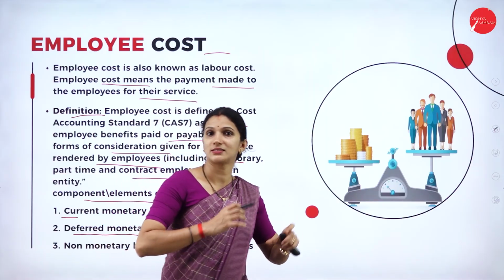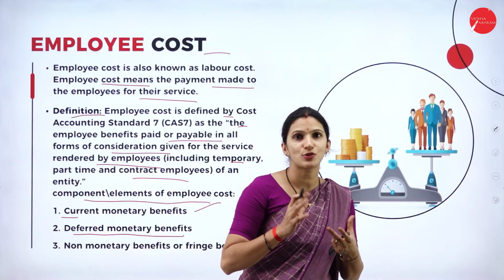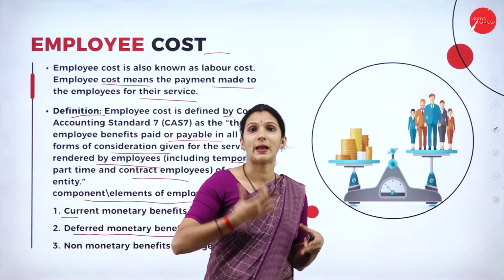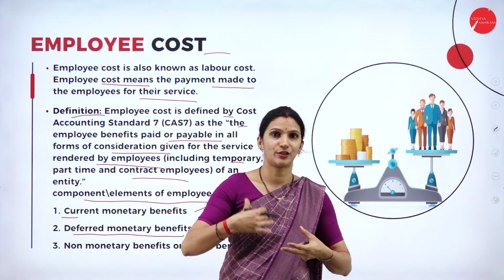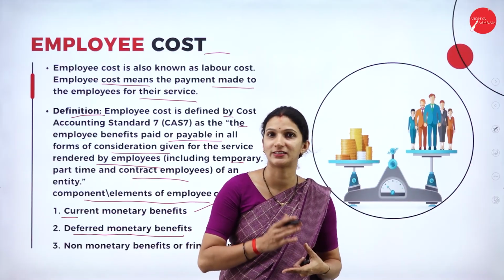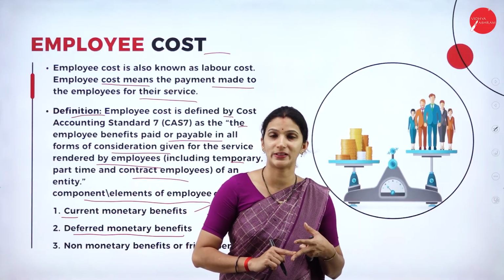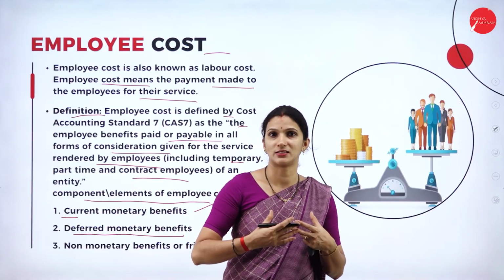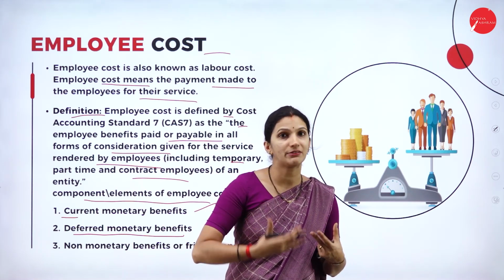That means the monetary benefits that are paid in the future. You might have heard about the employees' provident fund, that is PF. If you join any organization you will get ESI, that is employee state insurance, and also certain gratuity amount and leave encashment.